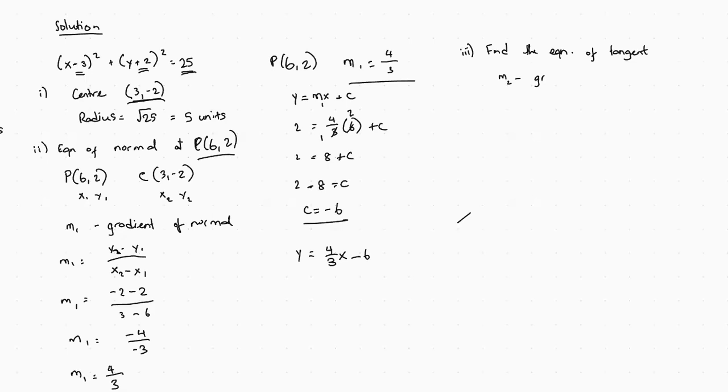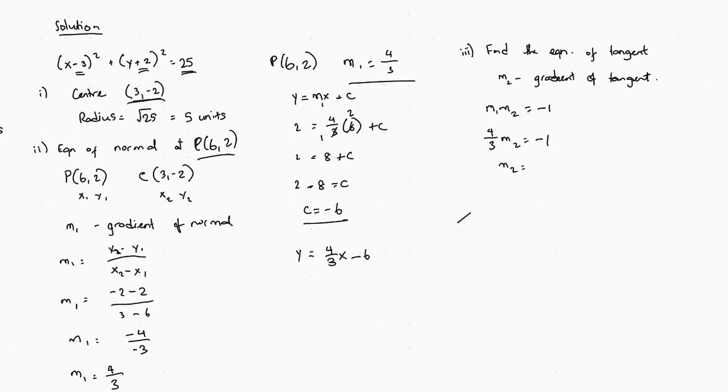They are related, and that's only because they're perpendicular. Because they're perpendicular, the product of the gradients must be equal to minus 1. So if m1 is 4 on 3, then 4 on 3 times m2 is equal to minus 1. It means that m2 is equal to minus 3/4.